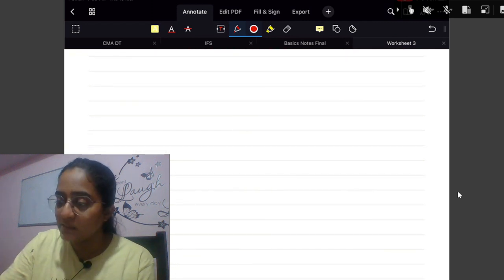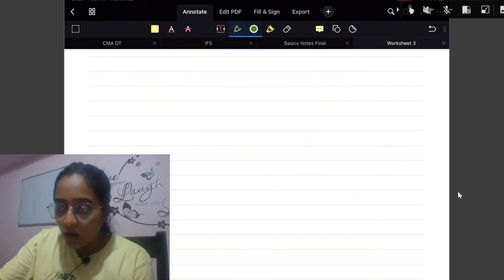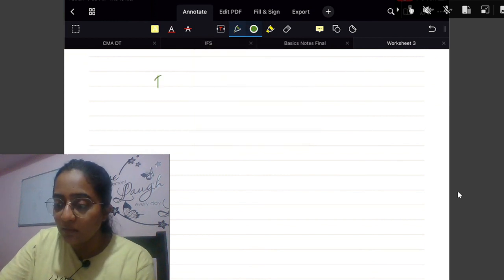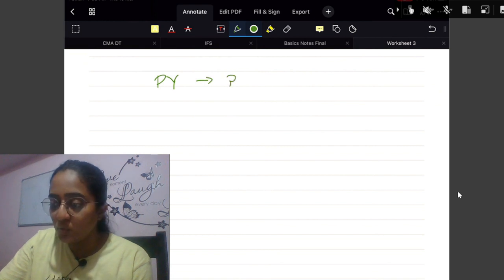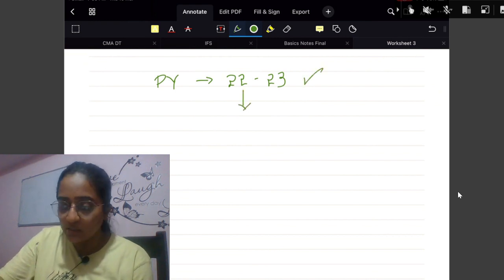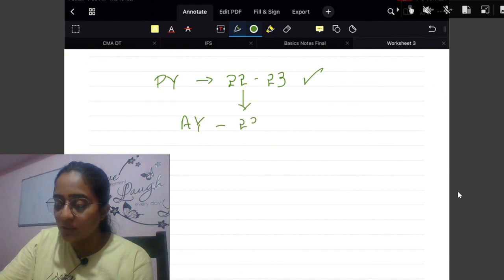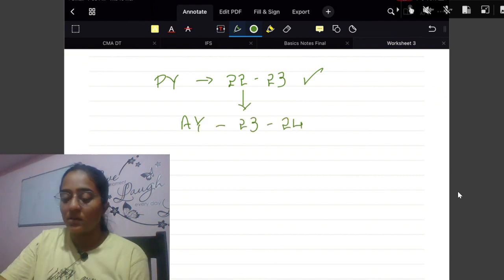Now let's study the slab rates, and we are currently in the previous year 2022-23. So the income which I have earned in this year, I am going to tax in assessment year 2023-24. Clear?